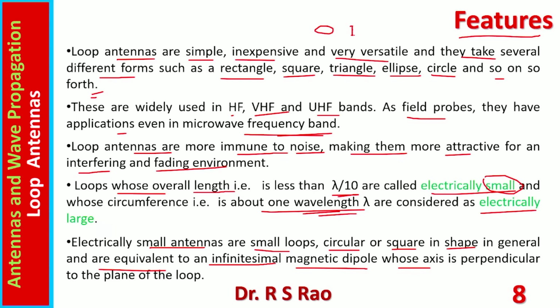Small length electric dipole: the loop is a magnetic dipole, whereas a straight conductor is an electric dipole when their lengths are lambda by 10. These two are widely used in the analysis of radiation. So the point is, the small loop has both theoretical significance as well as practical importance. However, in case of the infinitesimal electric dipole, it is only of theoretical importance.